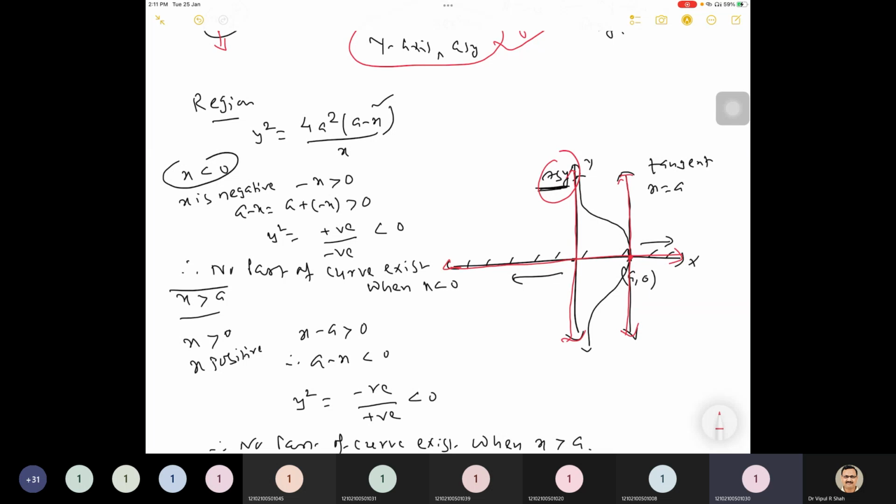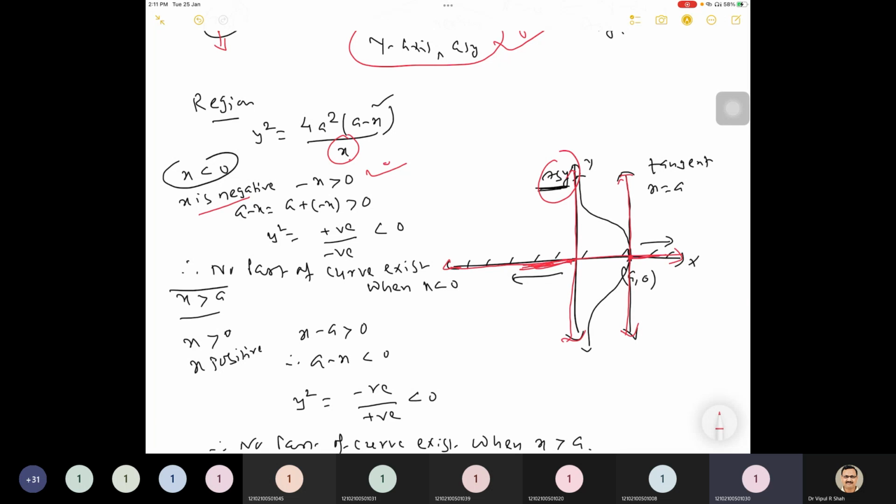This is the equation: xy square equal to 4a square times a minus x. So we write y square equal to 4a square times a minus x upon x. Now we need to check the region also. Here we need to check when x is greater than a, and here when x is less than 0. If x is less than 0, x is negative. What about minus x? Positive.